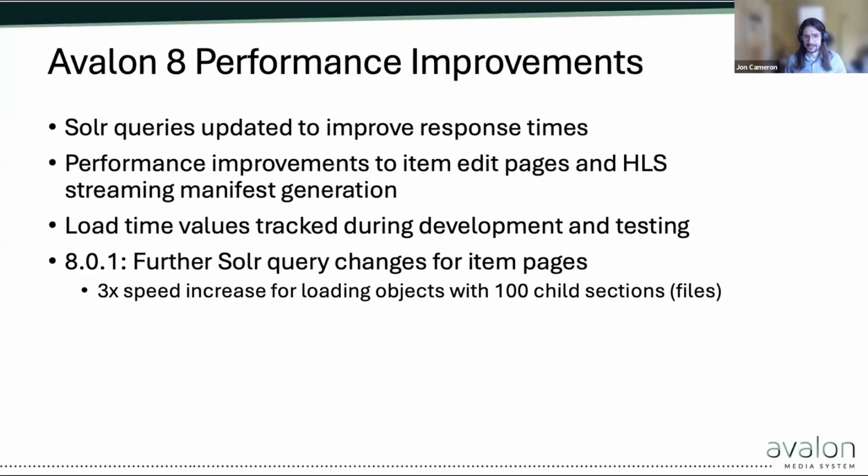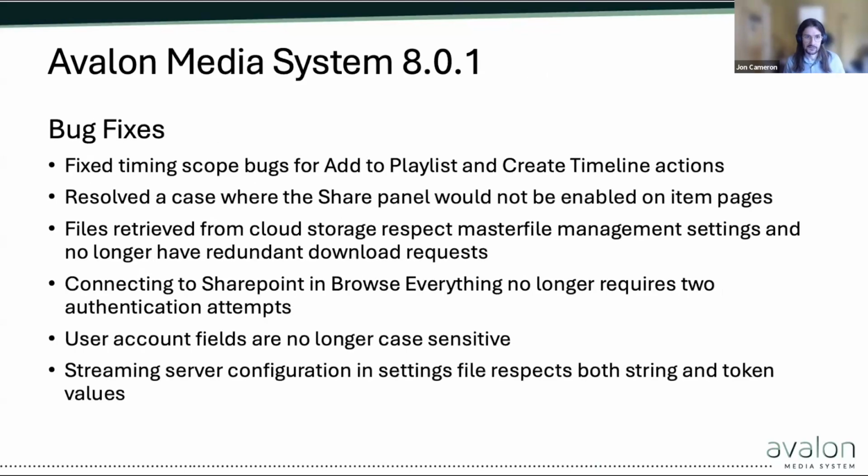There were a lot of things that had gotten slow as Avalon has chugged along. So we spent a lot of time updating Solr queries and getting load times down, basically really trying to make it as responsive as possible, especially for objects that have many child sections, which is a difficult one for us. So that was really positive work.